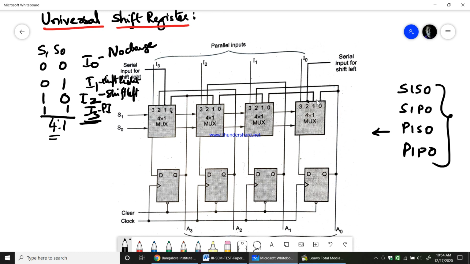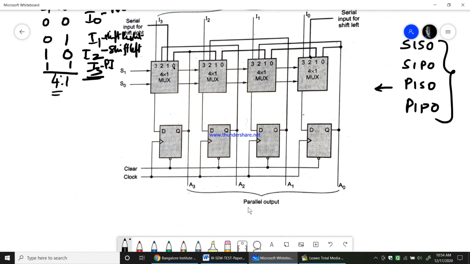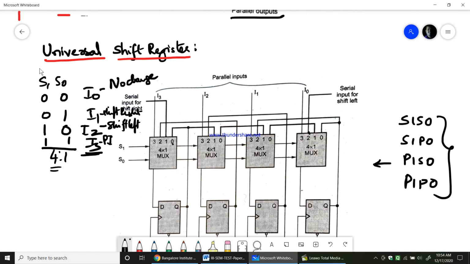For 0, it remains unchanged. Okay, when I take an output from each flip-flop output, that becomes the parallel out. So this table, whatever I have written, is very, very important. 1, 1 parallel in, 1, 0 I2 shift left, 0, 1 I1 shift right, 0, 0 no change.